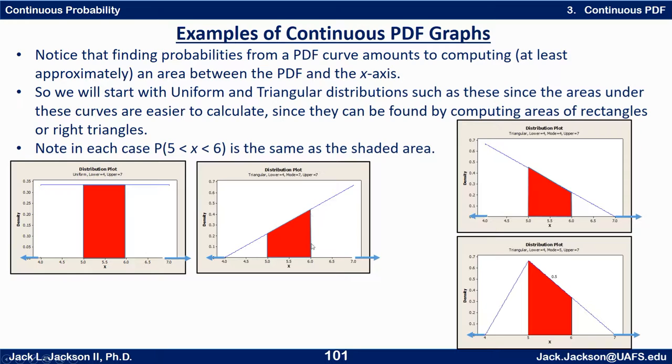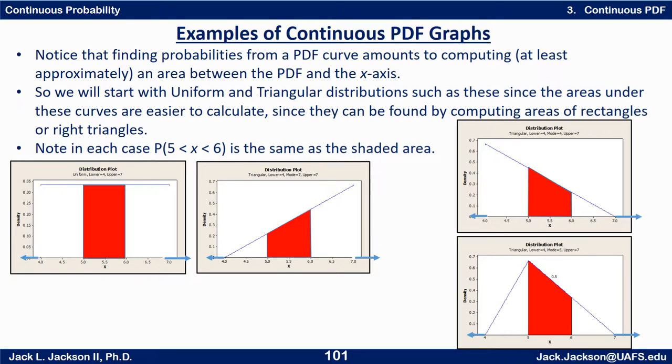You have a triangle here that comes with this as the side. The base goes all the way down to 4, and then you subtract off a triangle here. Similarly, you can do this one or this one the same way. Those are called triangular distributions, and we're going to look at those because the areas can be found from finding areas of triangles.